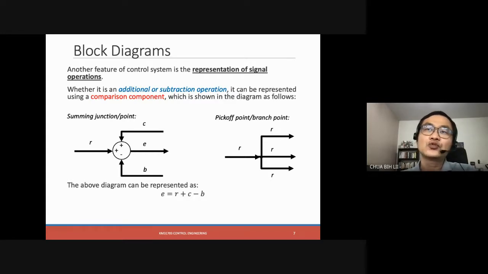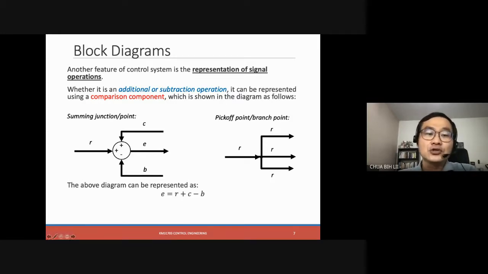If you take value A and minus value B, you are doing a comparison between A and B. A may be 10, B may be 8. When you subtract, you get 2. That 2 represents the difference between these two values, right? You are comparing them. So we say a comparison component.